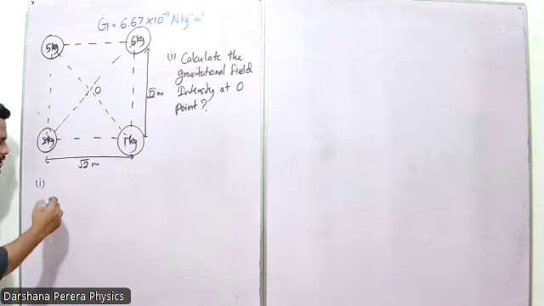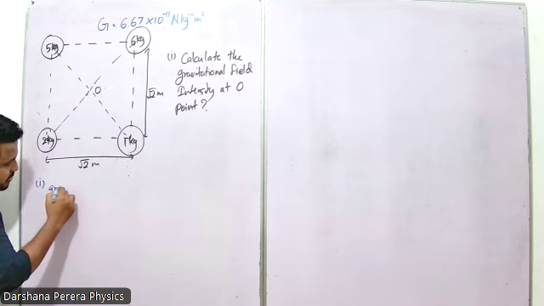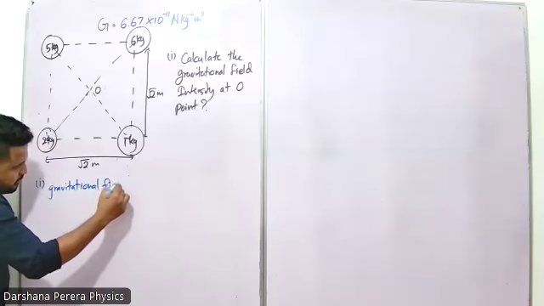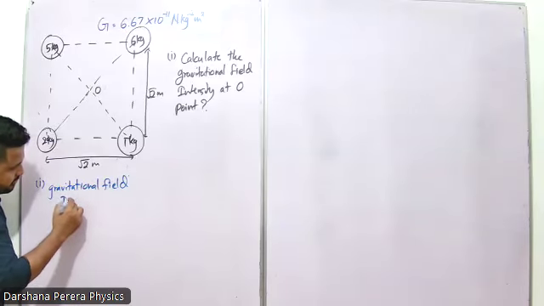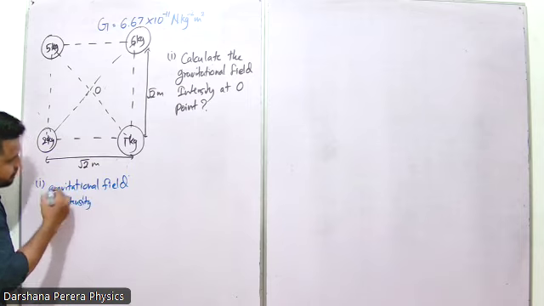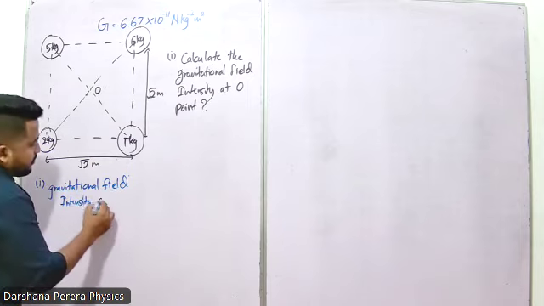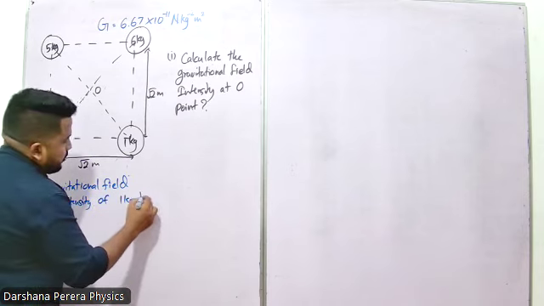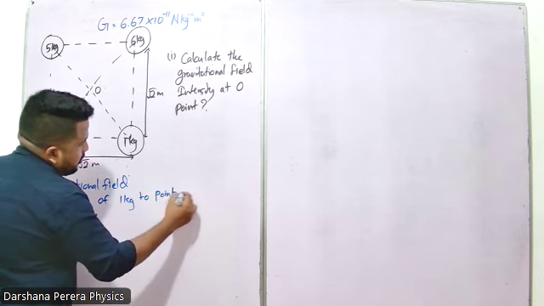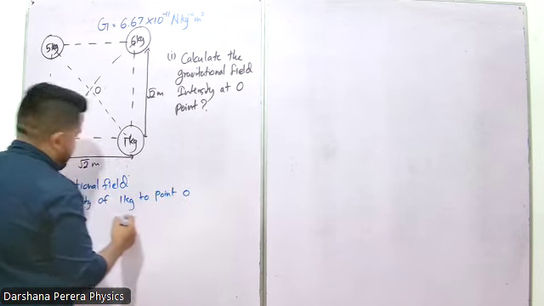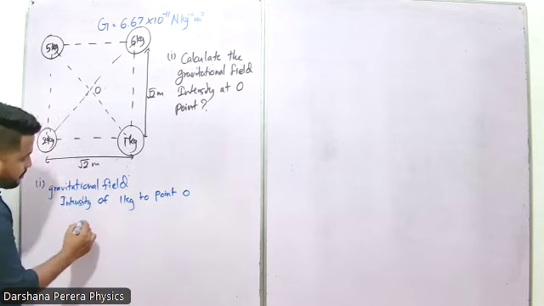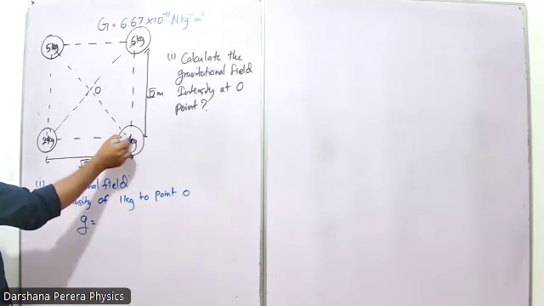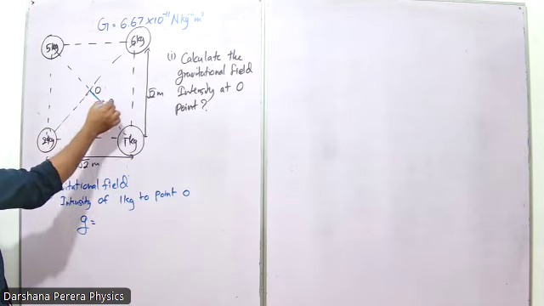I take the gravitational field intensity of 1 kilogram to point O as G, the gravitational field coming from this one, in this direction.